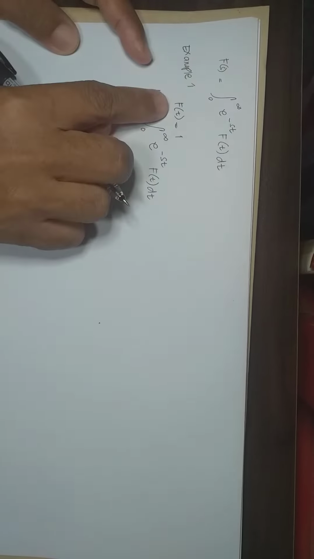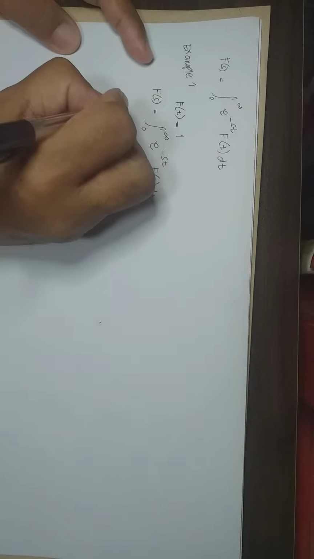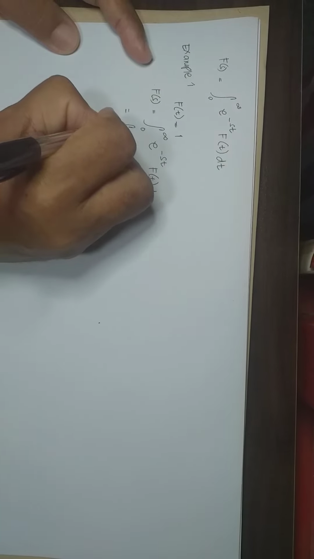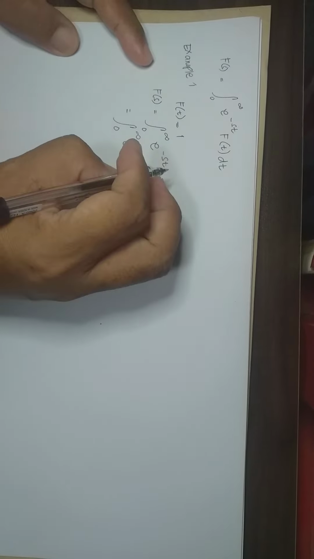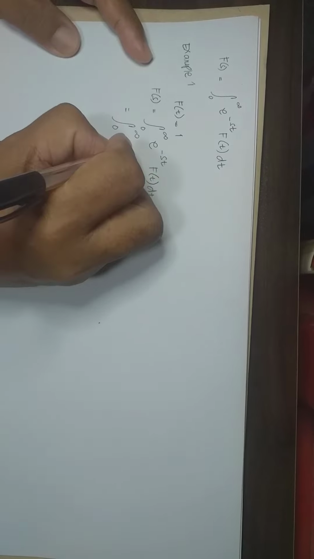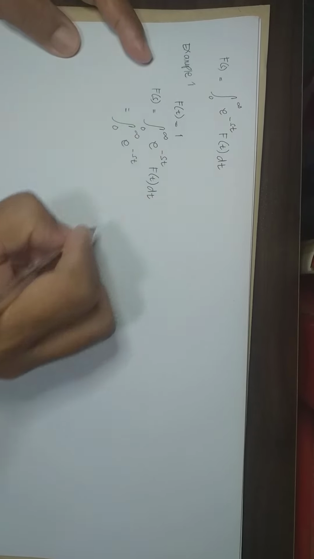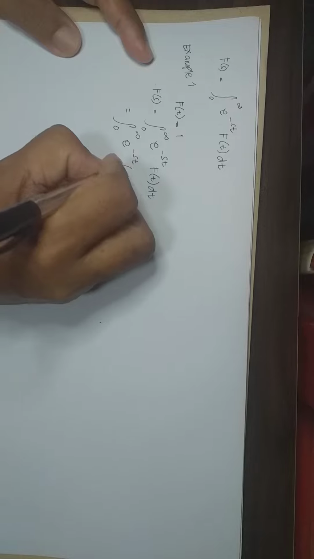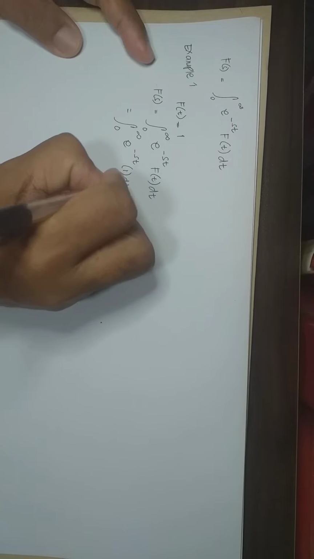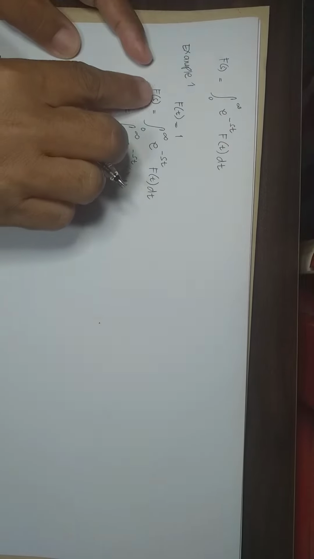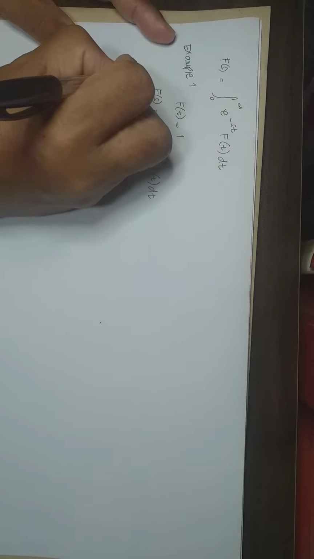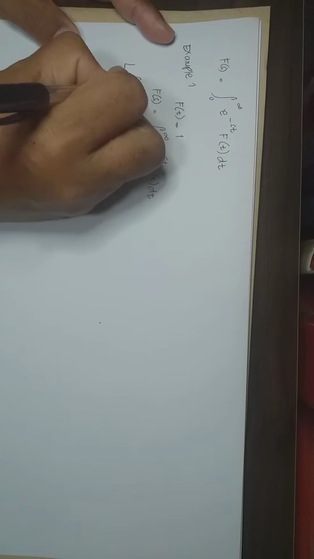But what is f of t? f of t is 1. So we have the integral from 0 to infinity of e to the negative st times 1 dt. Okay? That is the Laplace transform of 1.